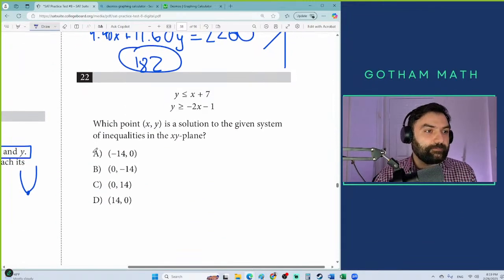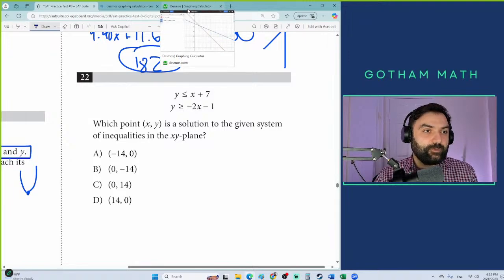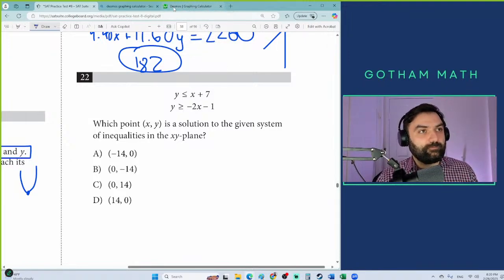Number 22. Which point x, y is the solution to the given system of inequalities? Okay, guys, again, another system, another work with decimals. So I'm just going to put this in decimals one more time.